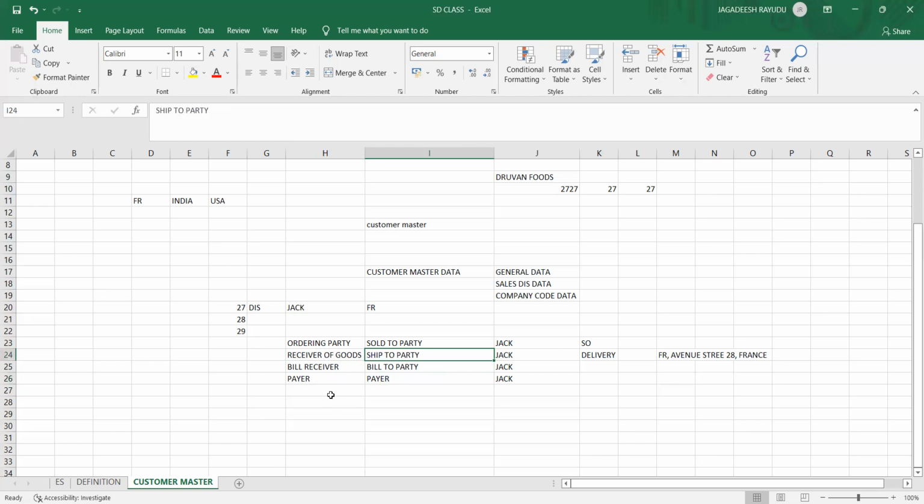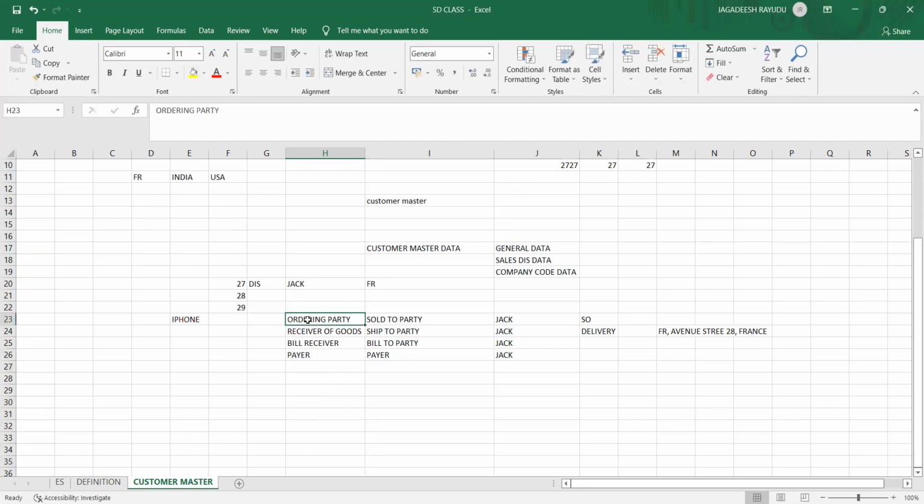But sometimes it differs, and I will give you one example. We have discussed one product called iPhone, right? I'll correlate this with a simple example, so try to understand this.